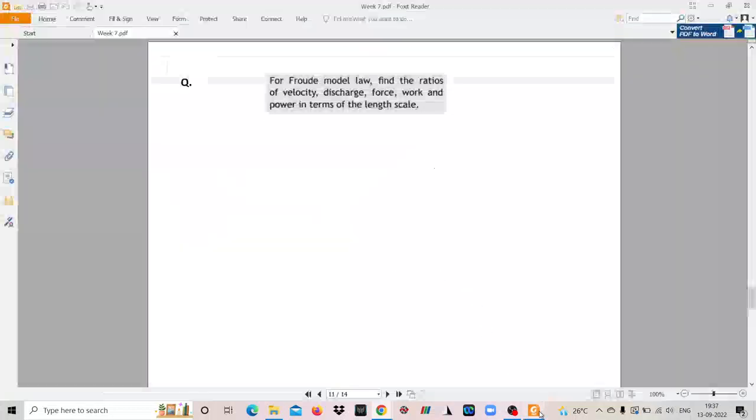Now here in the question itself, it is given that for Froude model law, you have to obtain general expressions for velocity ratio, discharge ratio, force ratio, work ratio and power ratio in terms of the length scale.